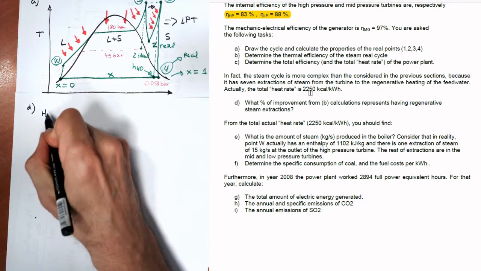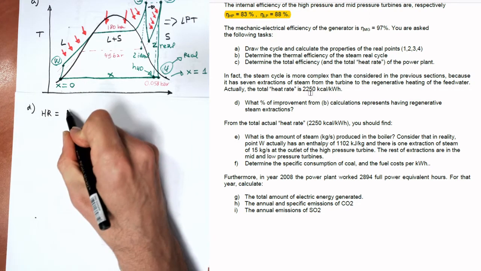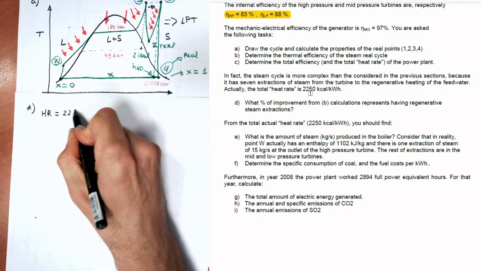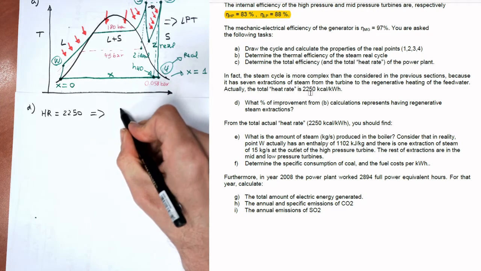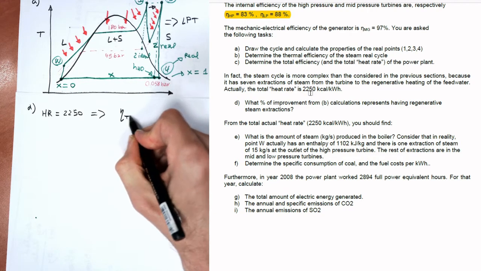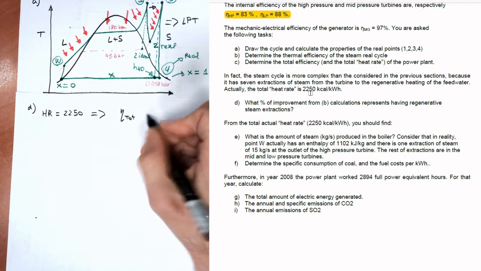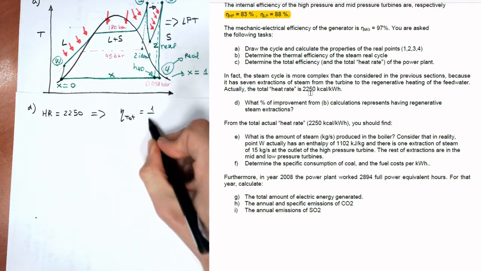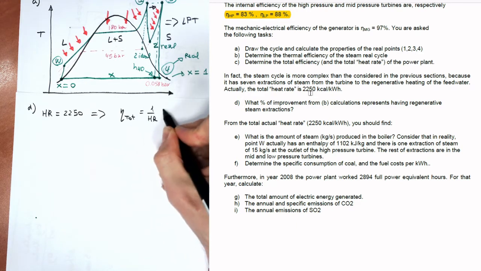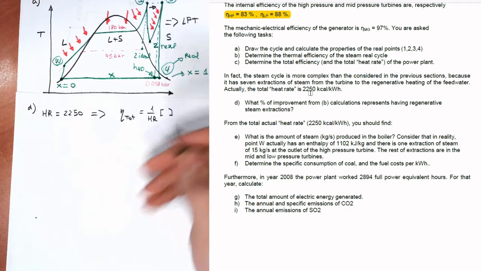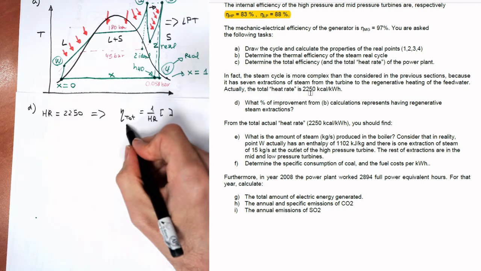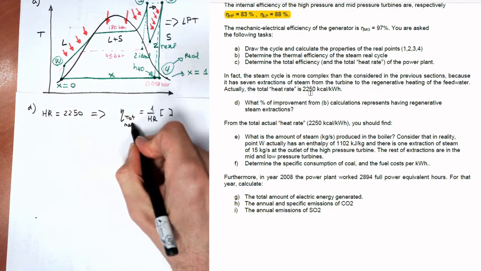So the real heat rate is equal to 2250. From here we can calculate the real total efficiency, because this is the opposite of the heat rate with the change of units that we did before. So now this is the total new or real.